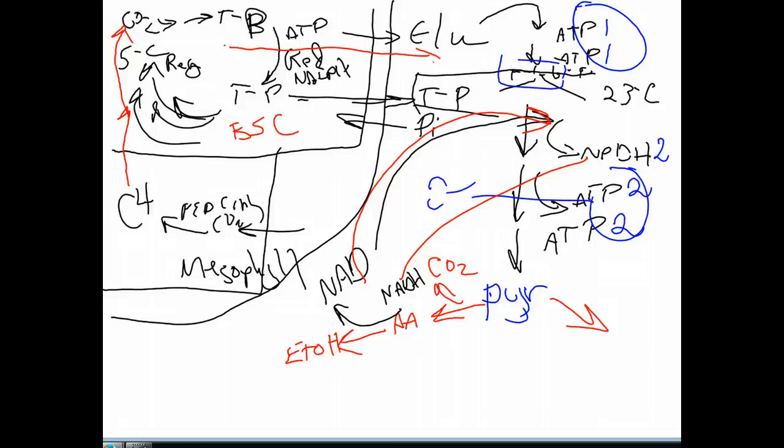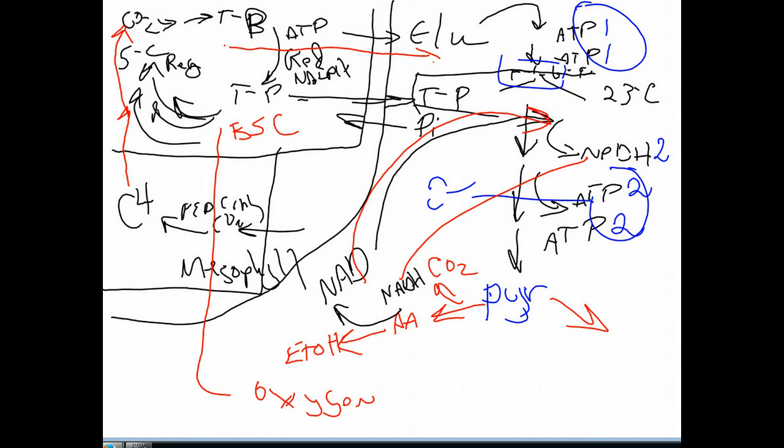That's not correct to say normal, but then it goes through C3 photosynthesis, okay? And the purpose of this is to reduce, or actually eliminate, oxygen from being fixed, right?